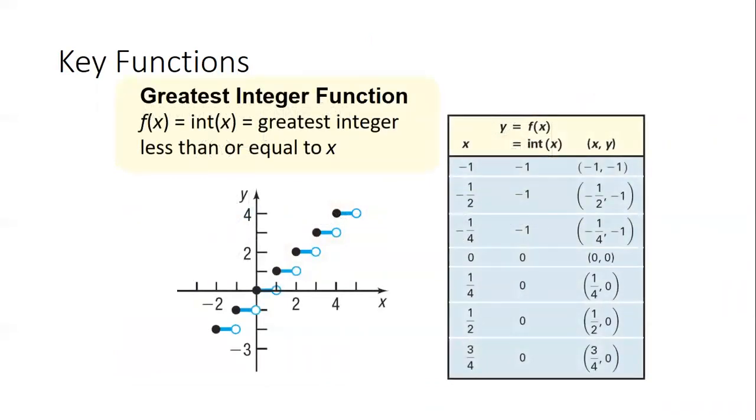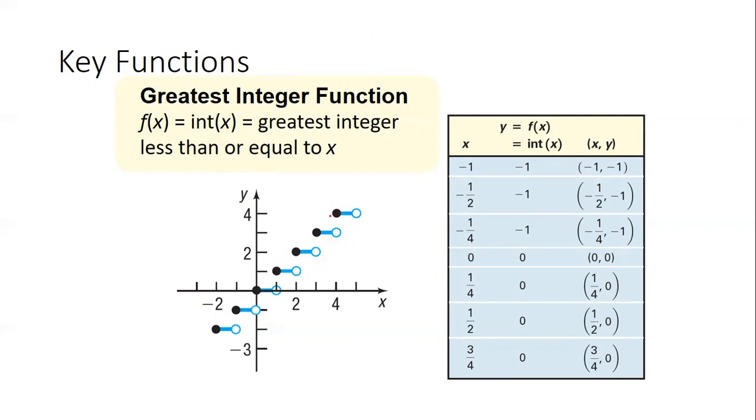Okay. A new one that we're going to introduce is the greatest integer function. How the greatest integer function works, it's based on literally rounding to the nearest integer for the most part. So when you look here, what we have graphed here is our greatest integer function.